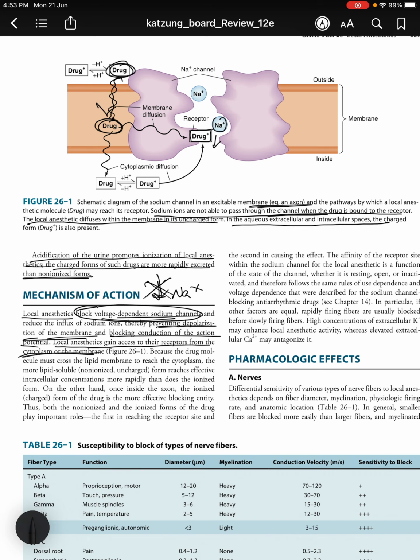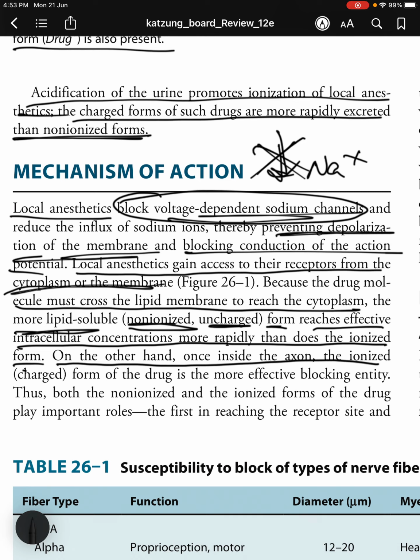Because the drug molecule must cross the lipid membrane to reach the cytoplasm, the more lipid soluble, that is the non-ionized uncharged form, reaches effective intracellular concentrations more rapidly than does the ionized form. Okay. On the other hand, once inside the axon, the ionized form of the drug is the more effective blocking entity.